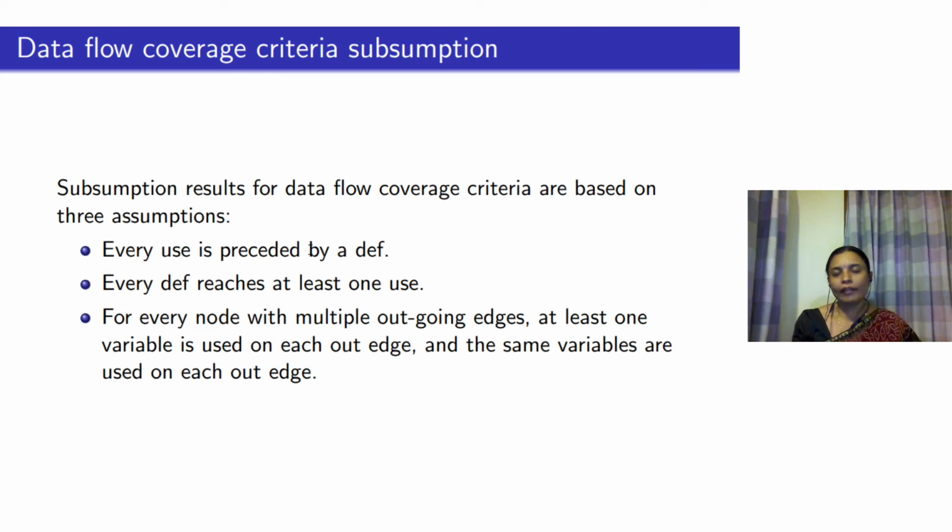It's not left unused at all. The next assumption is that if I have a node in the control flow graph with multiple outgoing edges, then at least one variable is used on each outgoing edge, and the same variables are used on each outgoing edge. I should be able to get the set of variables that are used in the outgoing edges. These are simple assumptions that I need before I look at data flow coverage criteria and subsumption.